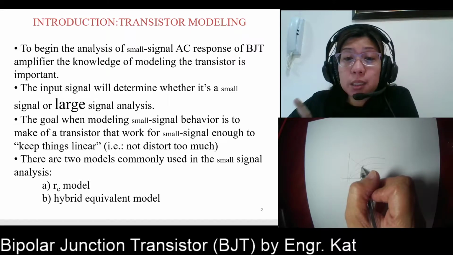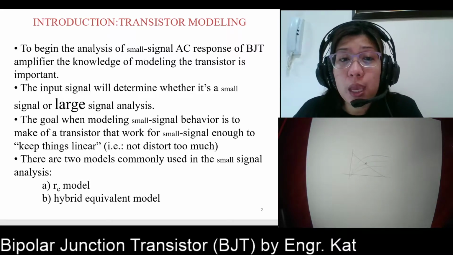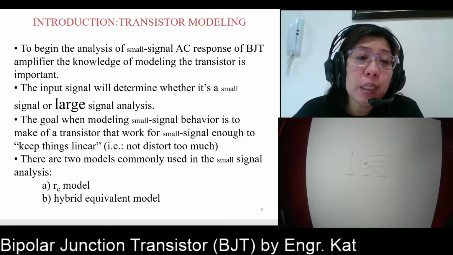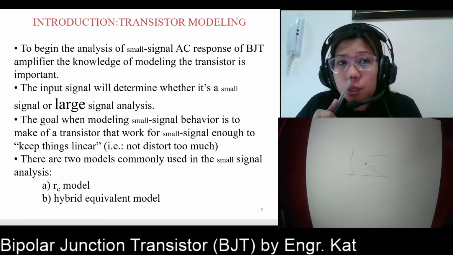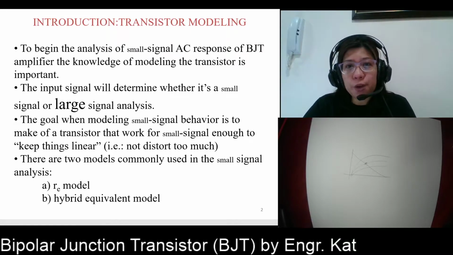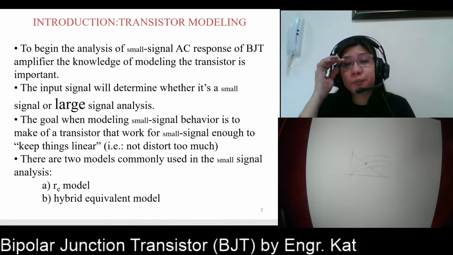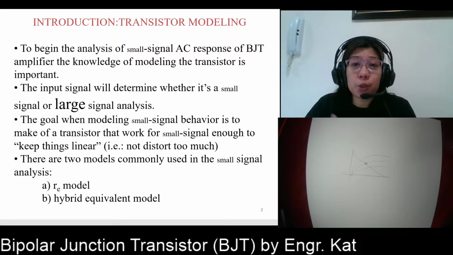Usually, class, small signal analysis is free from distortion. Large signal analysis is a different story. It is also what we call power amplifiers, which will be discussed after Electronics 1. So for this time, we're going to focus on small signal.